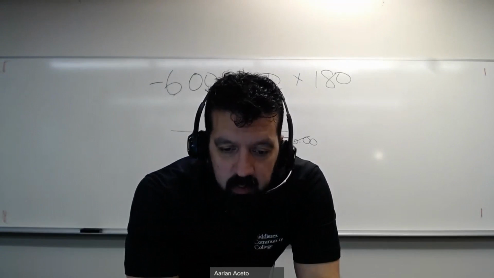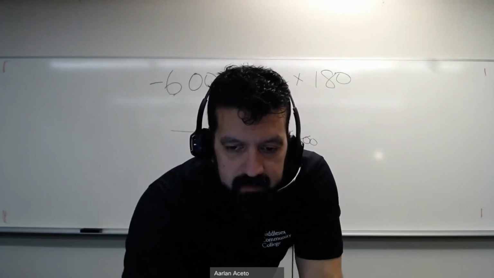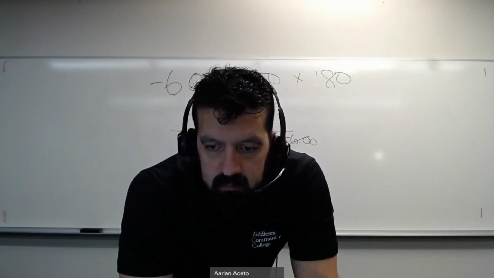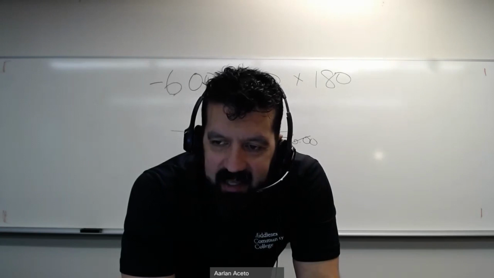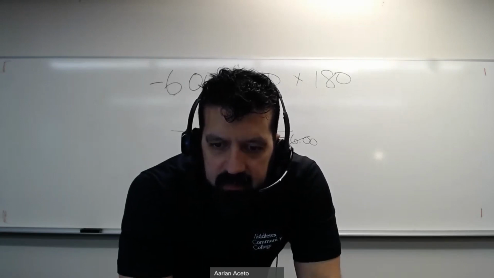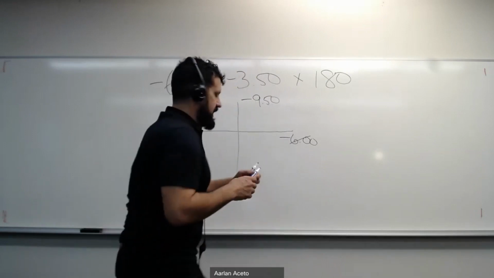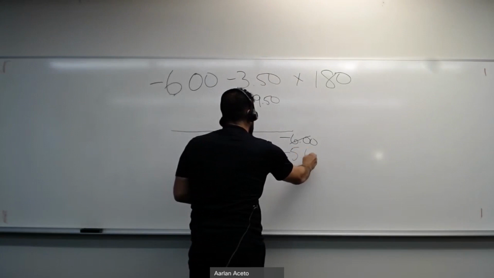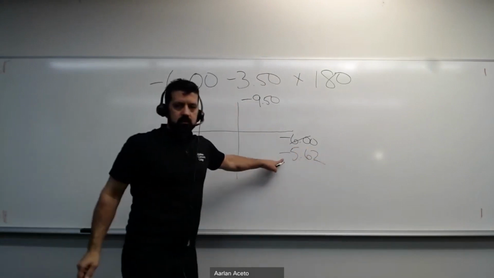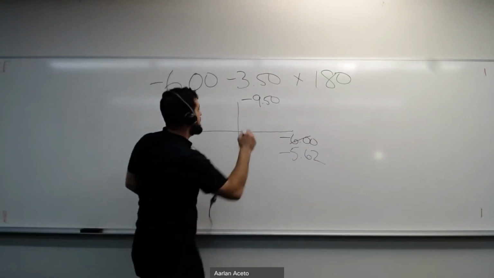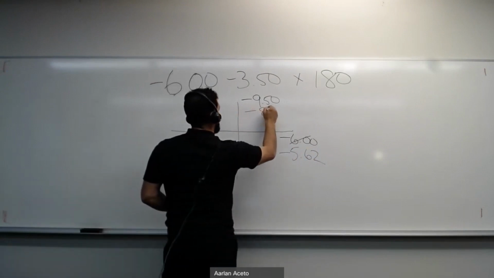A -6 will vertex down to a -5.62. I hate eighths when I'm doing these, but it's 5.62, so I apologize. This -6 will vertex down to a -5.62. My -9.50, according to our chart, vertexes down to a -8.50.